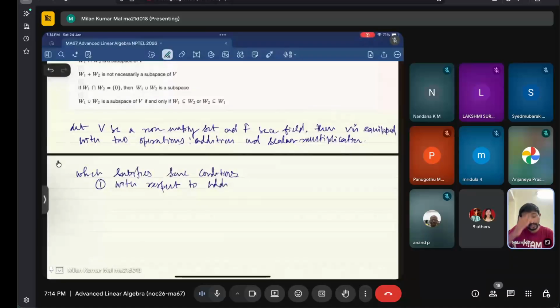Scalar multiplication means you have the field and you have V, F cross V to V. That means you take scalars, meaning elements from the field.